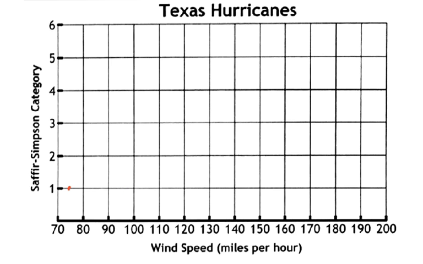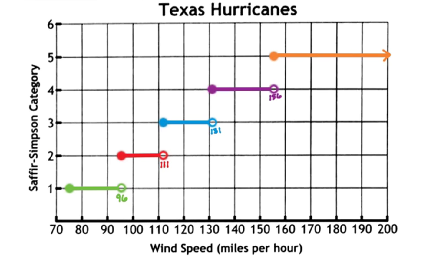However, for 96, there should be an open circle. And then for the next part of the graph, a closed circle at 96 on hurricane Category 2, all the way up to 111 with an open circle. And because I'm the awesome video man that I am, I have created this graph for you, nice and cleanly. This is the step function graph of the Saffir-Simpson scale for hurricanes versus their wind speed.